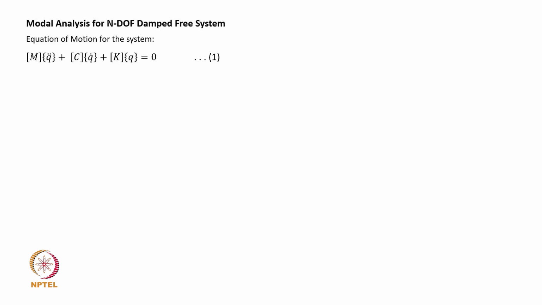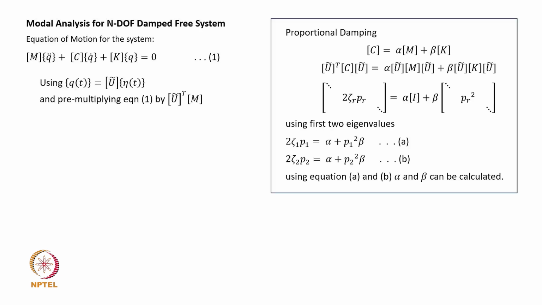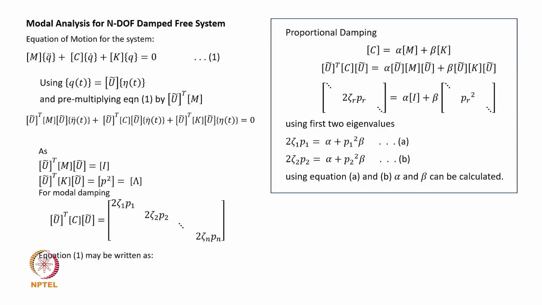Let us take a brief recap of the whole process of modal analysis for a damped vibratory system to get its free vibration response. We have already discussed this. We derived these expressions of how the modal damping ratios are connected to the arbitrary constants alpha and beta for a proportional damping assumption, and how, by assuming them to be equal to the diagonal elements of the damping matrix, we can decouple the system effectively.